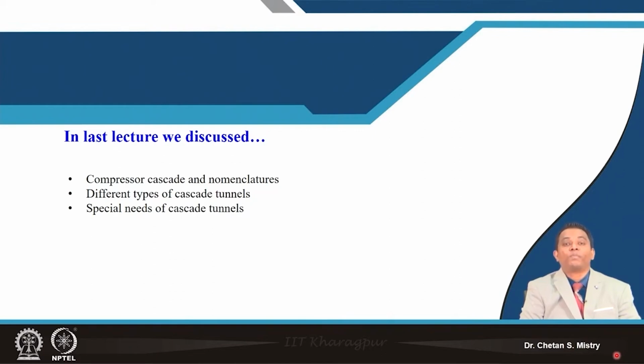The flow behavior changes with the change of incidence angle, as we have discussed, so it is possible to measure it, or we can realize what is happening in terms of the change of CP. If I consider different geometrical parameters, those can also be studied using this linear cascade tunnel. Then, to understand the three-dimensionality of the flow, we have the option of the annular cascade tunnel.